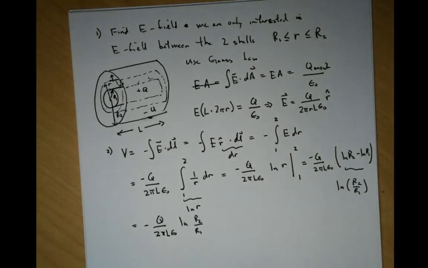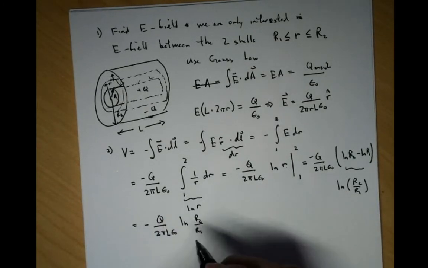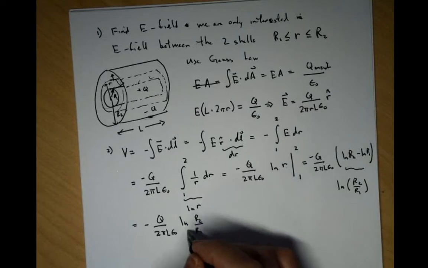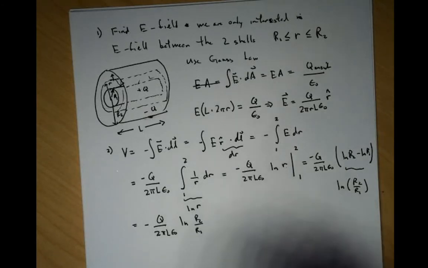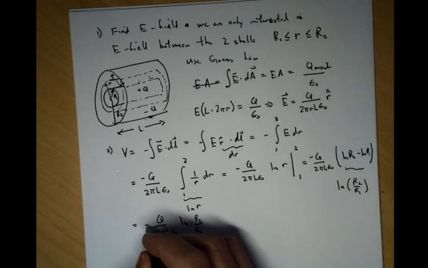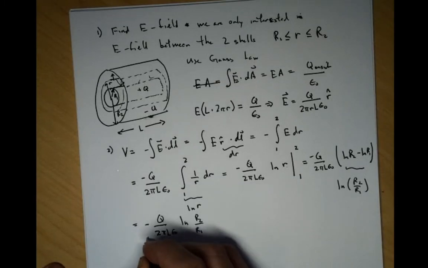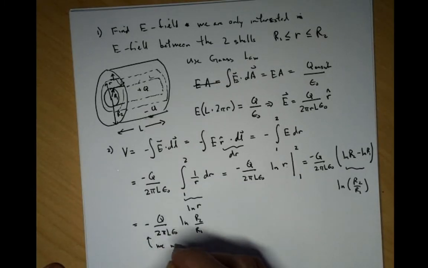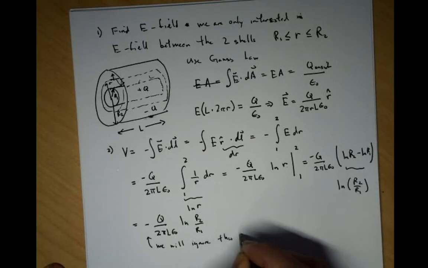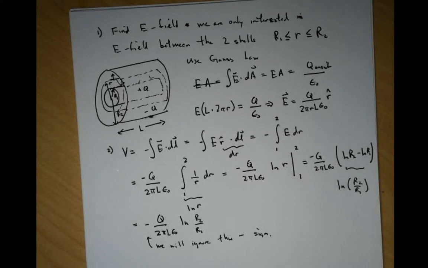Now this thing has an extra minus sign. R2 is bigger than R1, so the logarithm of this thing will be positive. I just care about the positive part, so I'm going to ignore this minus sign. So that's number 2 then.